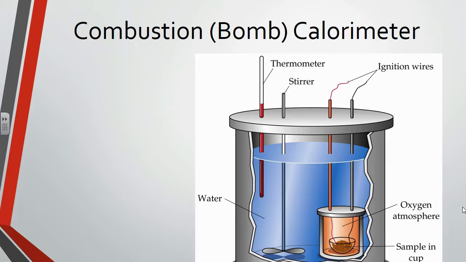Surrounding this whole chamber is a big tub of water, and this is just spinning the water to make sure it's circulating, and this thermometer is figuring out what the change in temperature is. So I electrocute this stuff, catch it on fire until it's burnt to a crisp, and the only thing that's left is residual carbon. And then, of course, gases would have been given off as well. Once I've done that, I can see how much energy that gave off, and now I can tell you how many calories that food has.